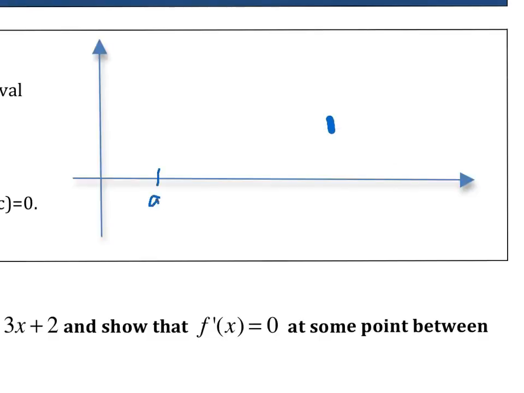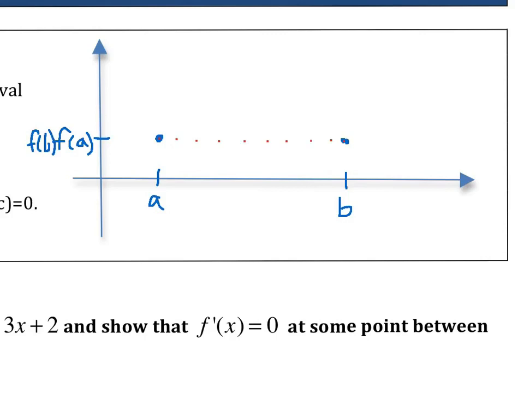Okay, so here is our interval from a to b, and we're going to have some function going somewhere on that interval, and it's going to be differentiable and continuous. Now what we're saying here is if we have a value f(a) and it equals the same value f(b), you can see that these are at the same height.